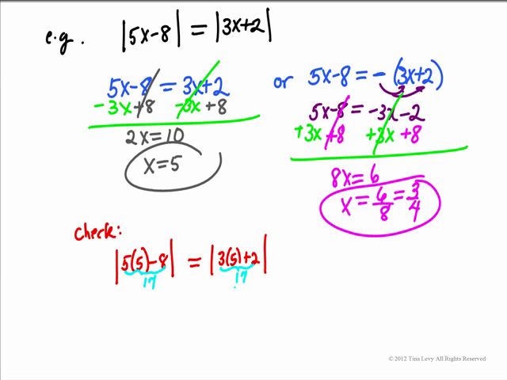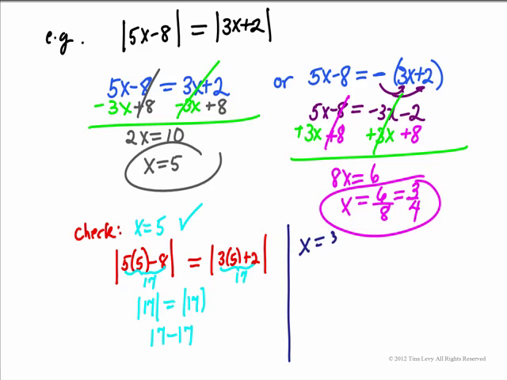In this one, the inside is 17. So both of them were the same. So we get absolute value of 17 is the absolute value of 17. So that worked out very nice when x was 5. It checks off.